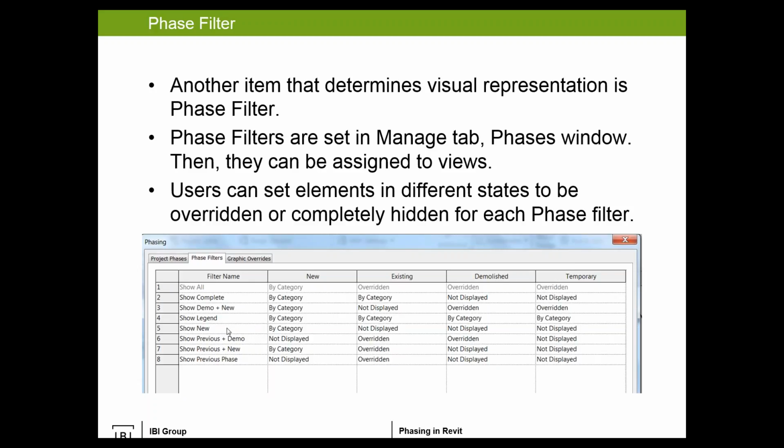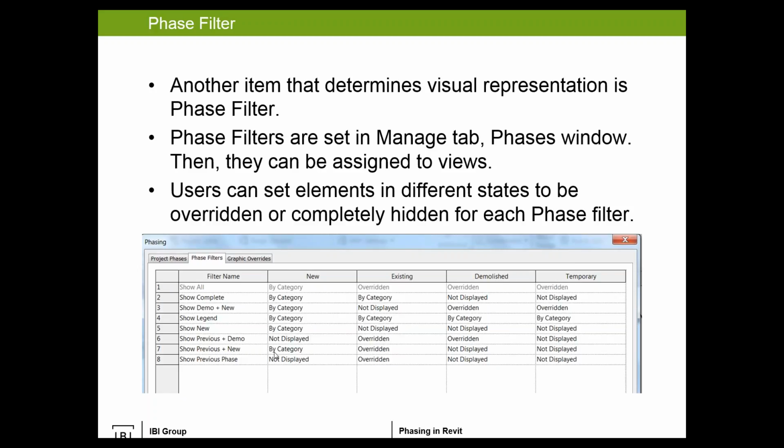But this is not ideal if I want to see the last state of my building, because there are some items, let's say, remaining from the previous construction, and I want to display them in a grayed out graphical style. So this wouldn't be ideal. So this would just show me whatever is new, right? So as you can see, existing is hidden over here.